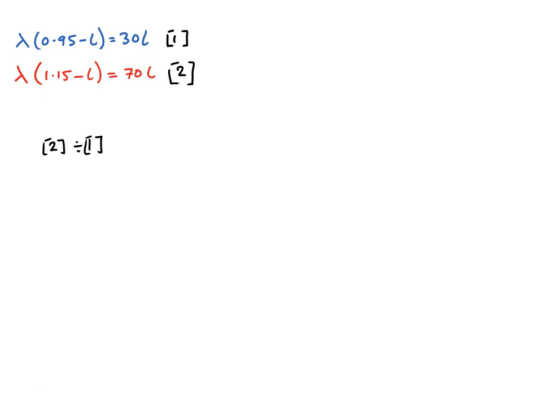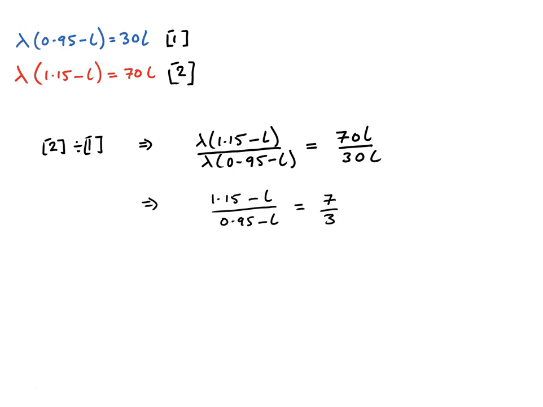So if we take equation 2 and divide it by equation 1, we obtain lambda times 1.15 minus L divided by lambda times 0.95 minus L equals 70L over 30L. But on the left hand side the lambdas cancel out, on the right hand side the L's cancel out, so we're left with 1.15 minus L divided by 0.95 minus L equals 7 divided by 3.